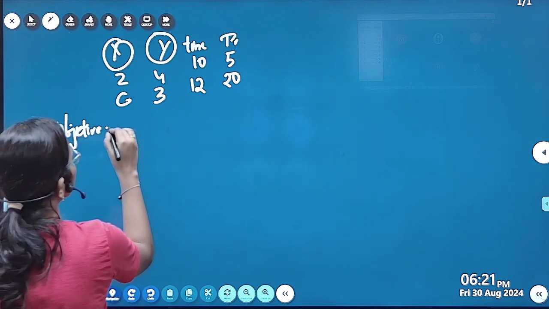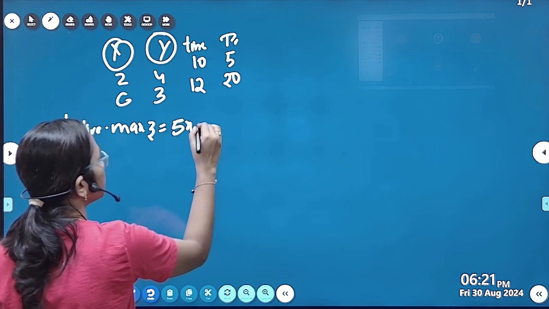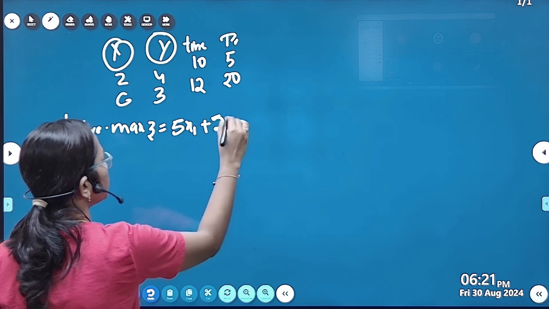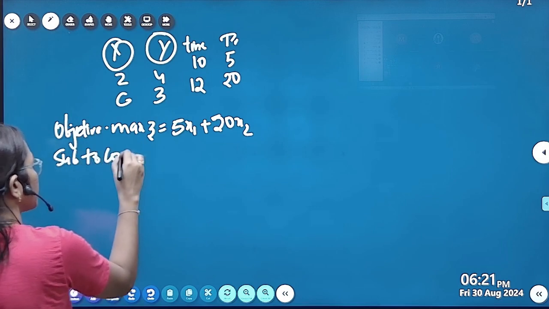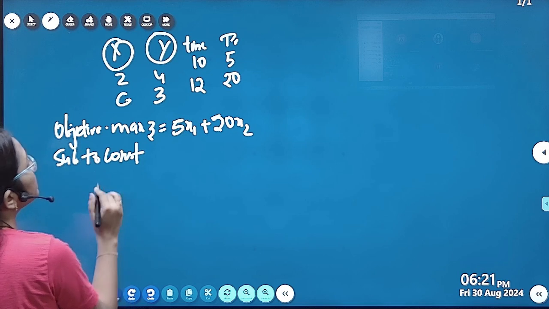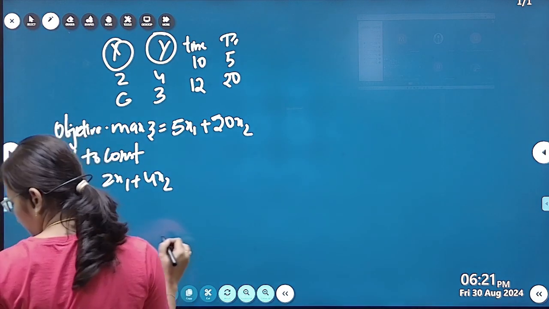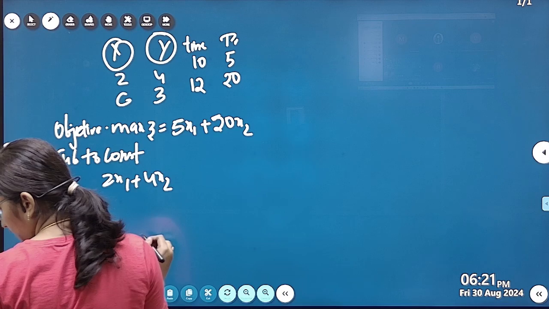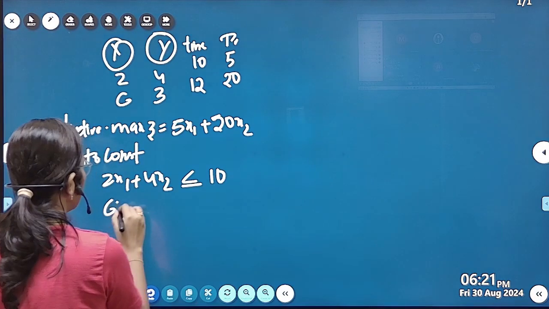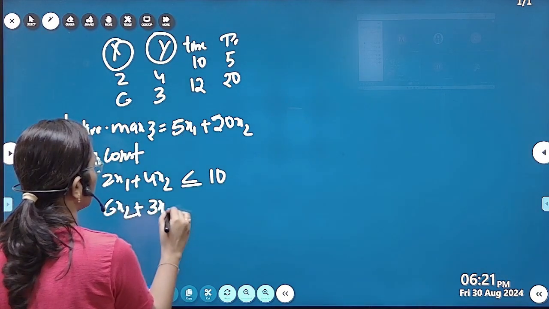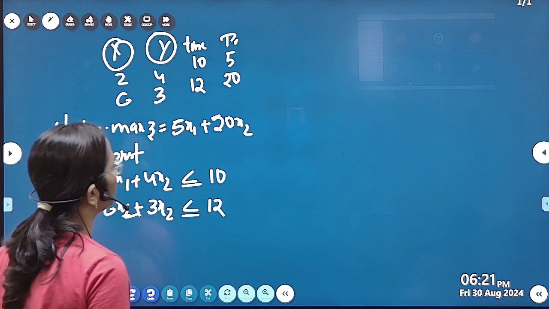5x1 plus 20x2. So subject to constraints. Tell me the constraints: 2x1 plus 4x2, is that time available? So it should be less than or equal to 10. 6x2 less than or equal to 12.